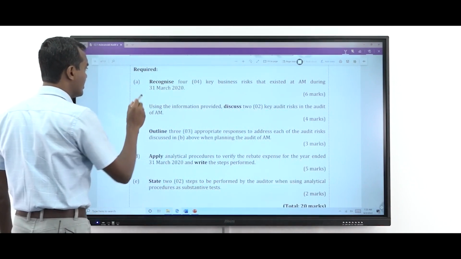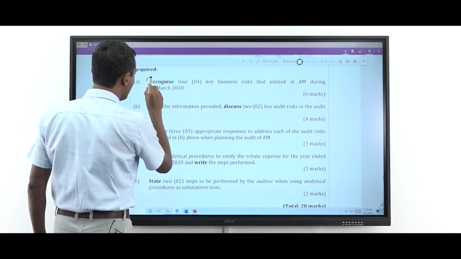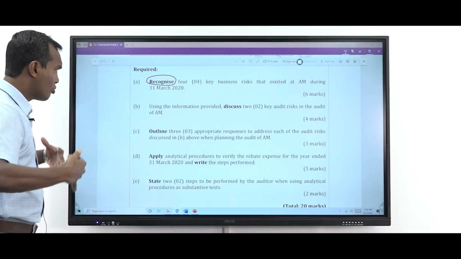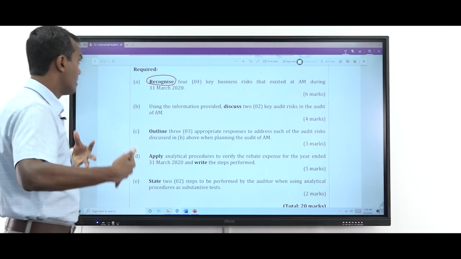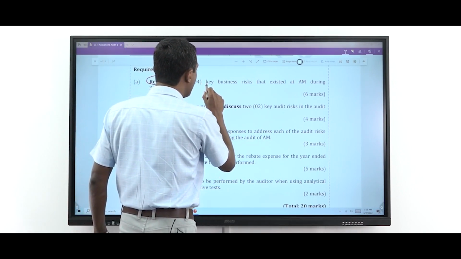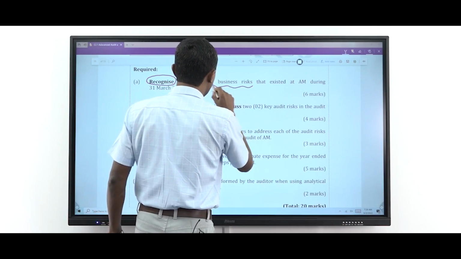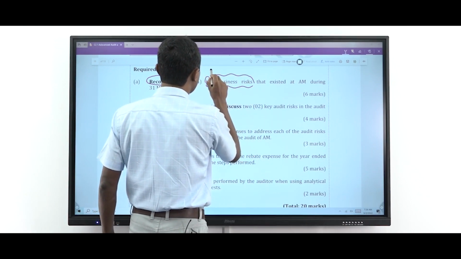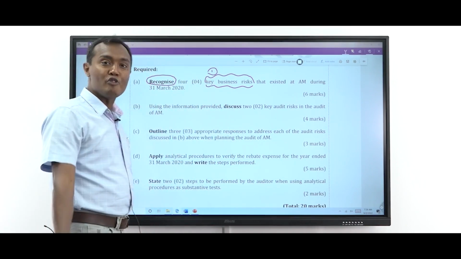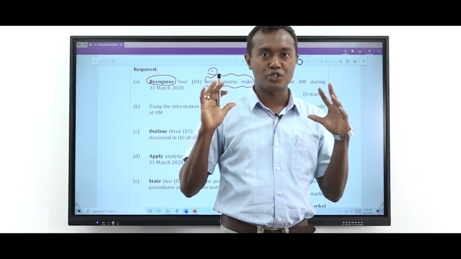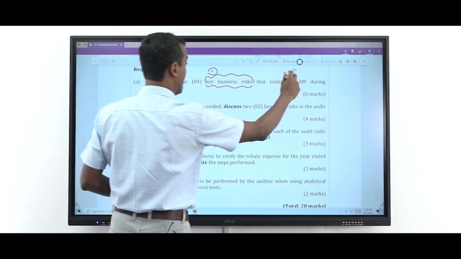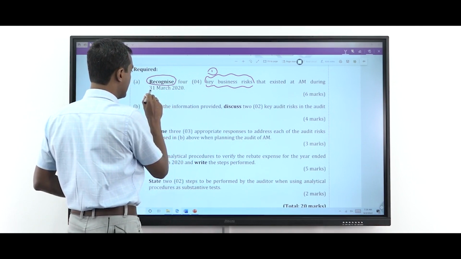Here, recognize. So the idea of recognize means you should know this is happening, and you should be able to explain that in the way the examiner is asking. Key business risk. Now, this is one of the first concepts that we are learning in this fast, simplified course, the business risk. So the concept here is business risk in this company called AIM for the financial year end 31st March.